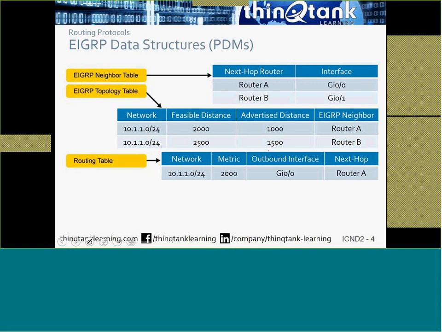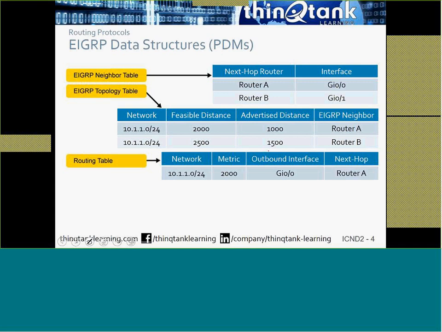Now, as a protocol, there are 3 data structures that have to be created in order for EIGRP to function. We talked about these data structures when we started talking about dynamic routing yesterday. The data structures include things like the neighbor table. Guess what goes into my neighbor table? A list of what? My neighbors, right. And then I have a topology table. We talked about this yesterday. What goes into the topology table?